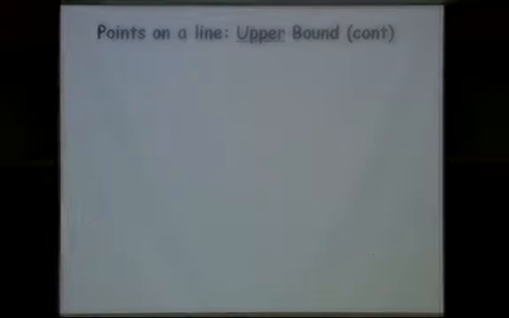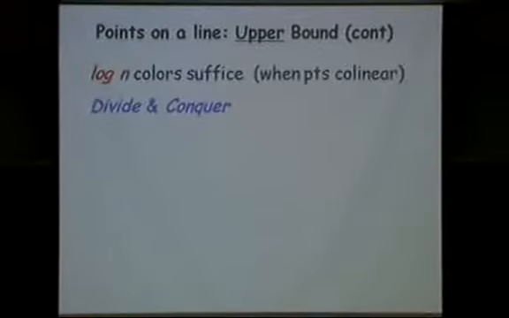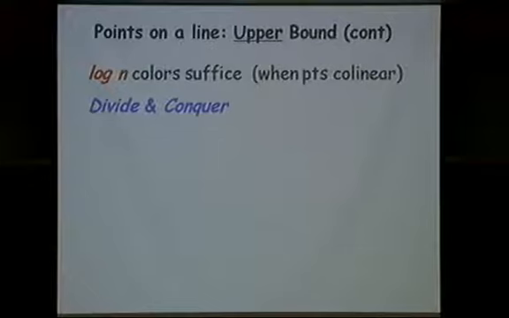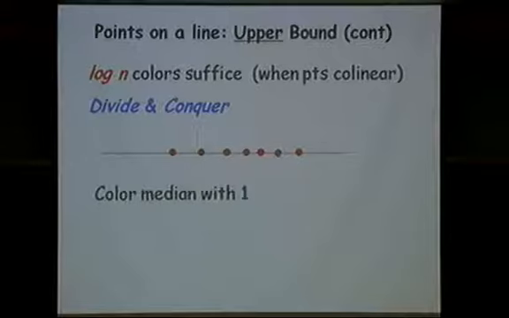What about upper bounds? If we go back to this very degenerate case of points on a line, you can probably see that I use the word divide and conquer because I gave the talk also in some computer science departments, but here I should use the word induction. So log n colors also suffice, simply by coloring the median point with 1 and using induction on the right and left sides, reusing colors and keeping the set of colors distinct from 1.